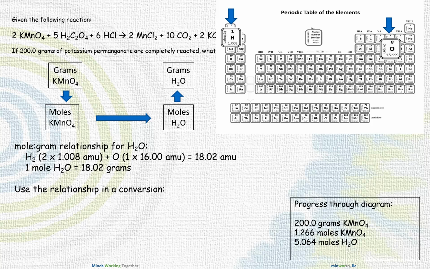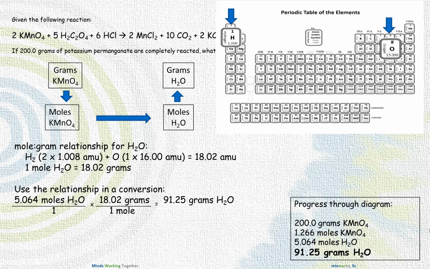We use that relationship in a conversion, using our calculation from the last step, 5.064 moles of water times 18.02 grams divided by 1 mole. Again, moles on the bottom, so it will cancel, leaving us with grams of water, which is what we were originally looking for. So we have found that we have 91.25 grams of water.